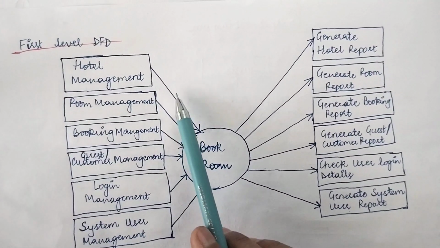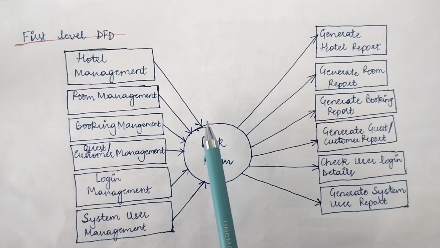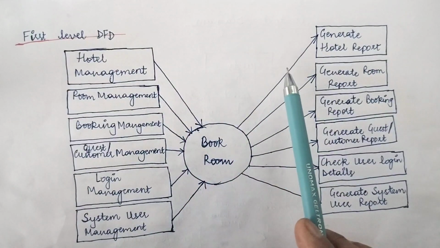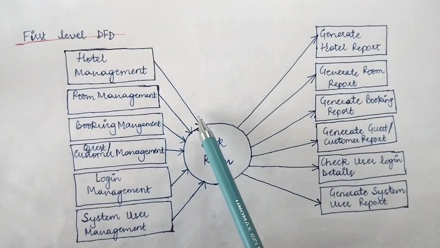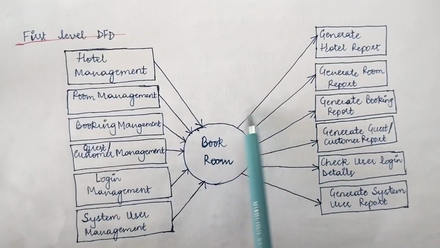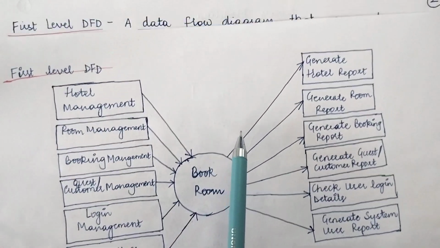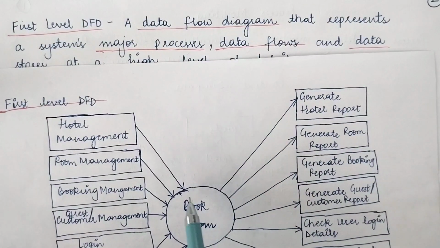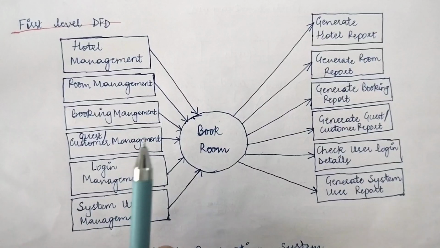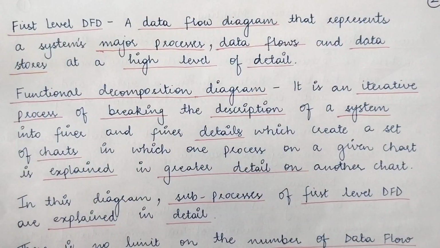These directed arrows represent the data flows, showing in which direction the data is flowing, from which entity to which process, or from one entity to another entity. So here we are representing the major processes, data flows and data stores at a higher level of detail as compared to the context diagram.